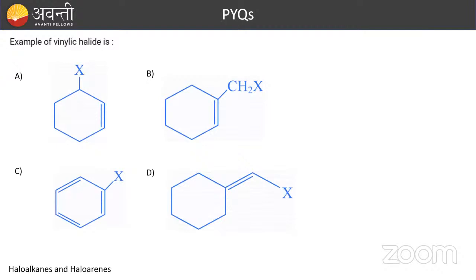Which among the following is an example for vinylic halide? Allylic means we should have three carbons in a double bond, single bond manner. What about vinylic halide? Can you guess the answer? This one also we have studied under classification only, right?